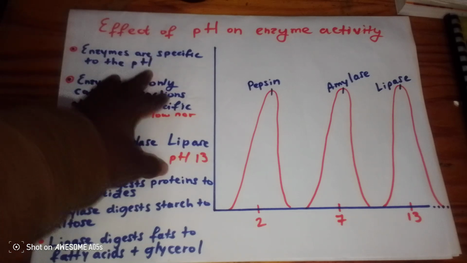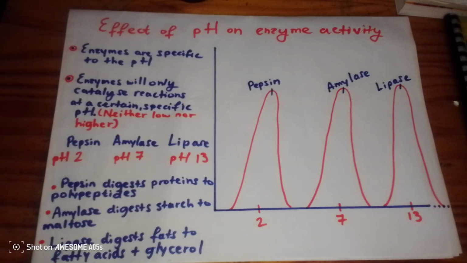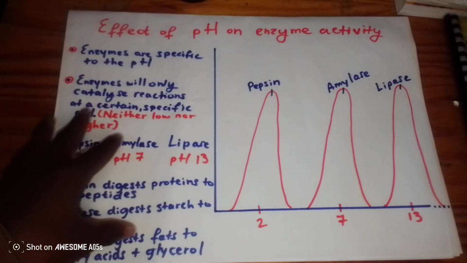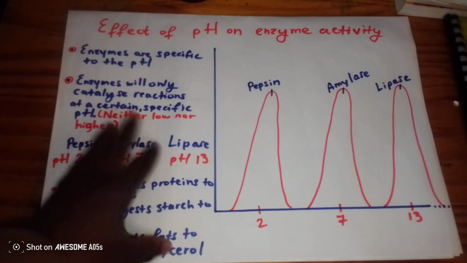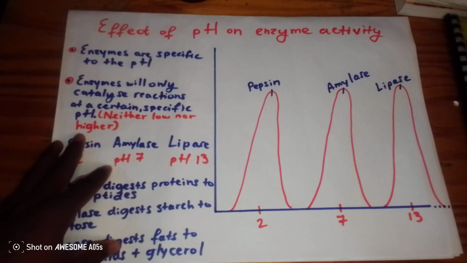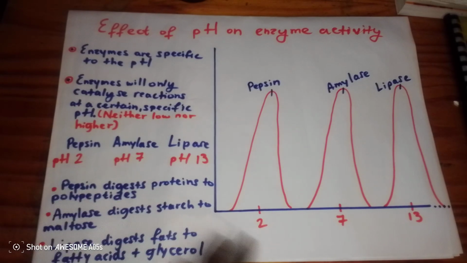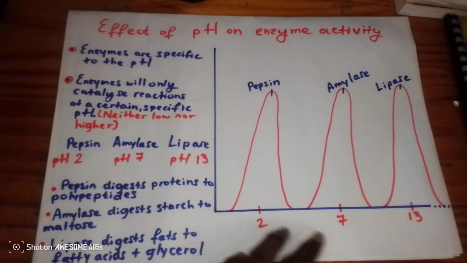Anyways, moving on. Enzymes are specific to the pH. That means they'll only work at a specific pH. Enzymes will only catalyze reactions at a certain specific pH. It can be neither lower nor higher. As you can see, pepsin only works at pH 2. Amylase only works at pH 7.